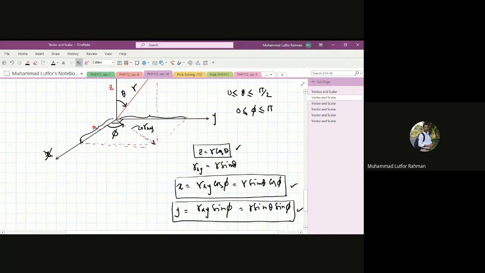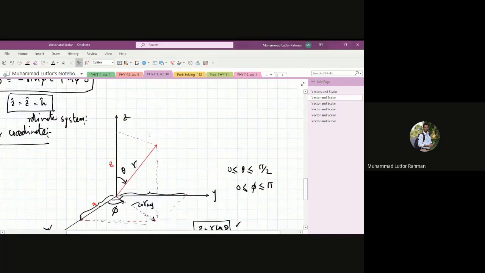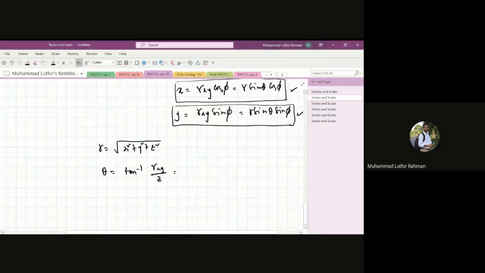This is actually the rxy, that length is also rxy. This one and this one are basically the same. So this is theta, so it would be perpendicular rxy divided by base. That's why I write rxy by z, and rxy is basically root over x square plus y square, divided by z.